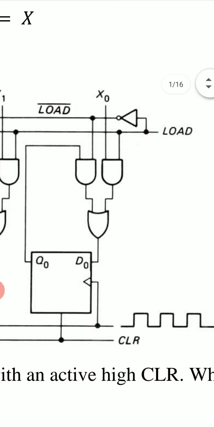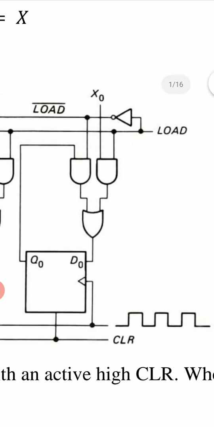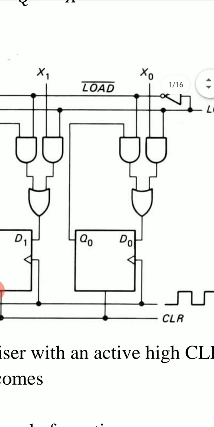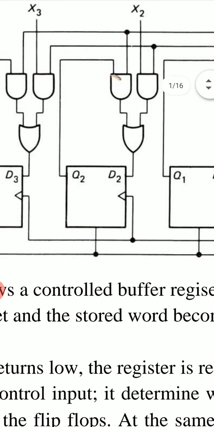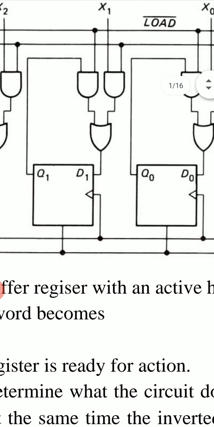So when load is low, data is retained. The word Q3, Q2, Q1, Q0 will remain the same.